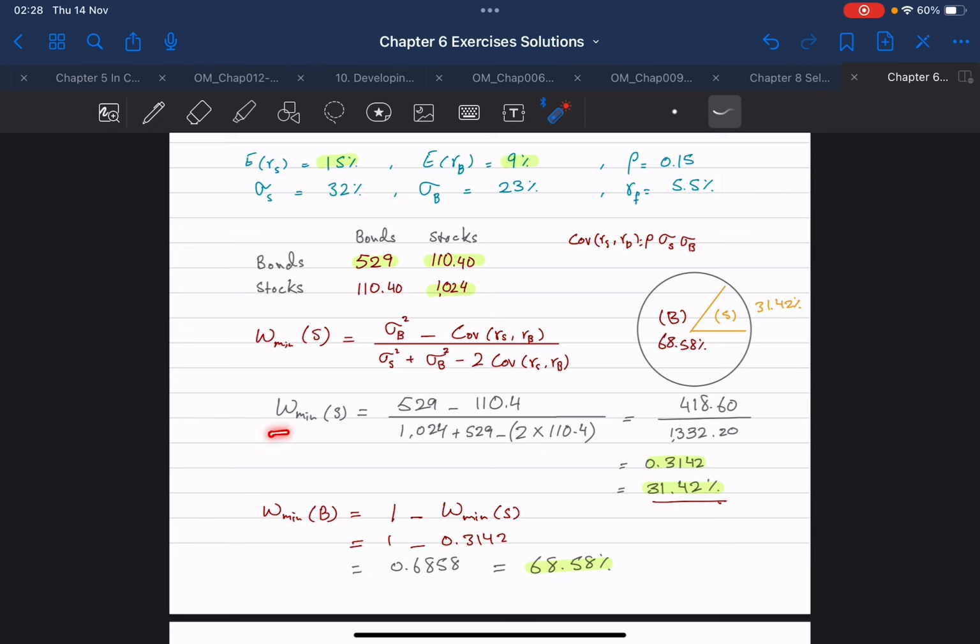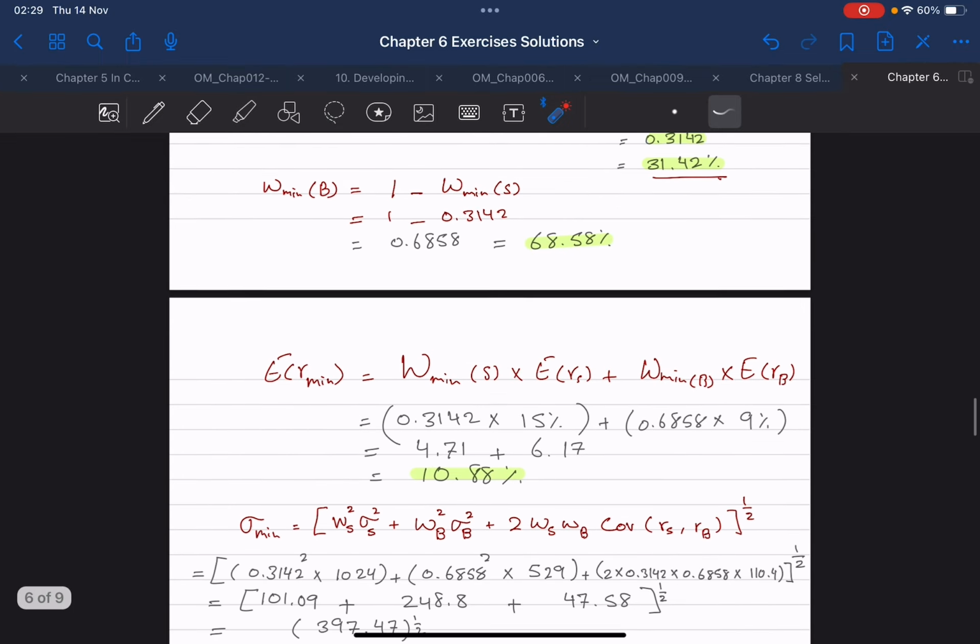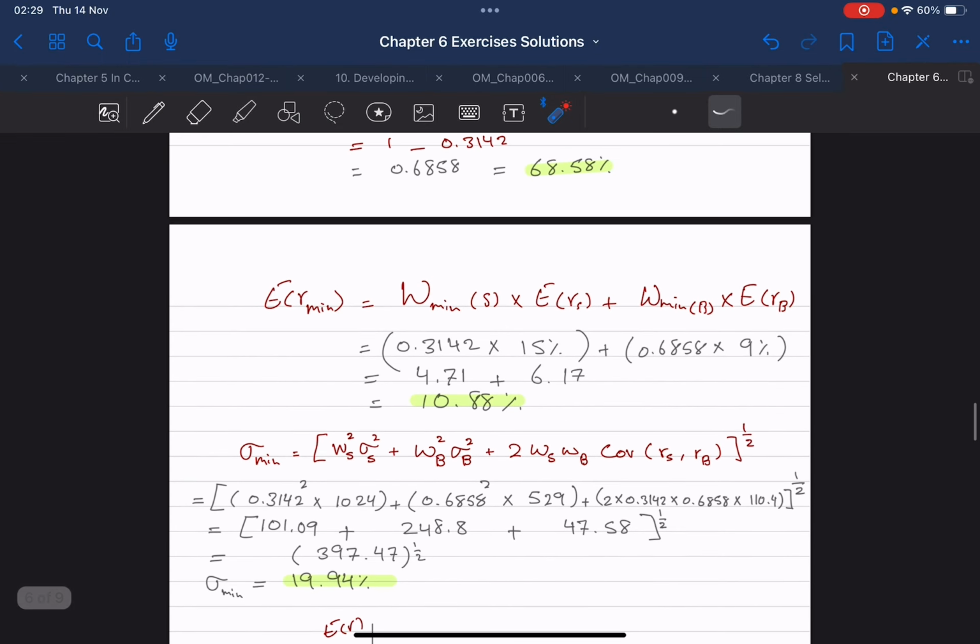So we found that the weight of the stock fund in our minimum variance portfolio to be 31.42% and the bond component to be 68.58%. And based on those weights, once we know the weights, we already know the standard deviation and the expected return of each of these components. We can figure out the expected return on the whole portfolio and the standard deviation of the portfolio.